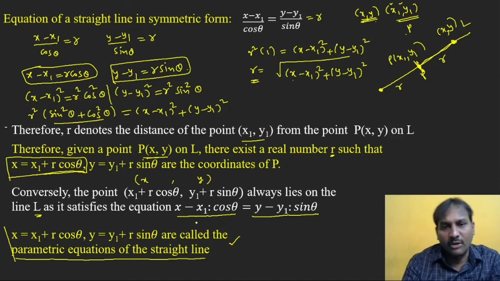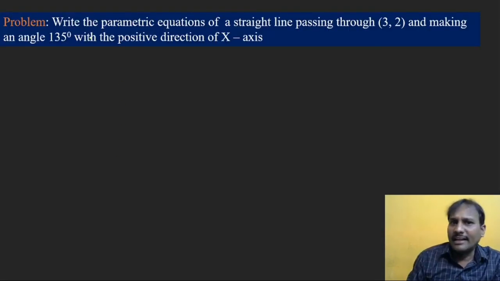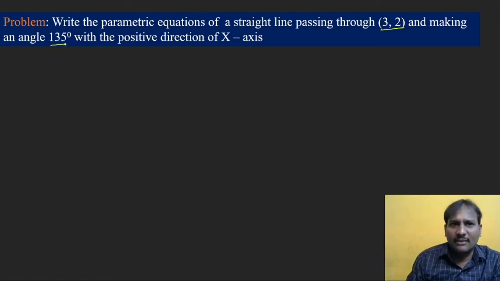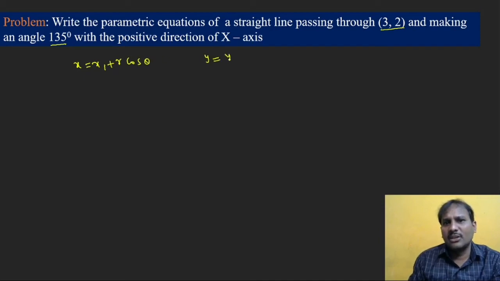We will do one problem on this. Write the parametric equation of a straight line passing through (3, 2) and making an angle of 135 degrees with the positive direction of the x-axis. So what are the parametric equations here? x is equal to x1 plus r cos theta and y is equal to y1 plus r sin theta.